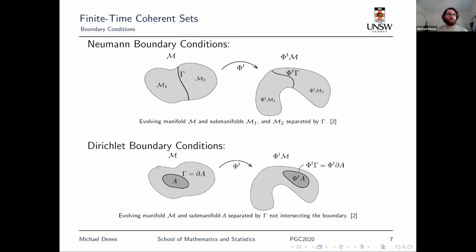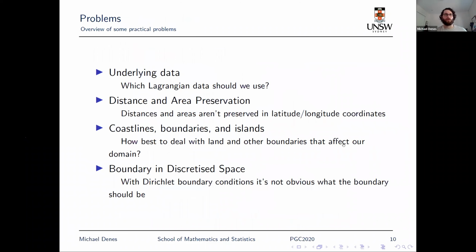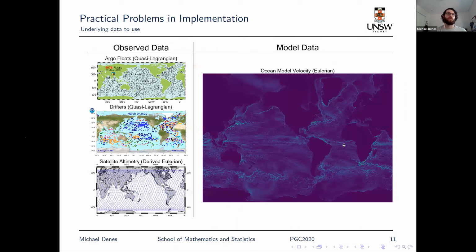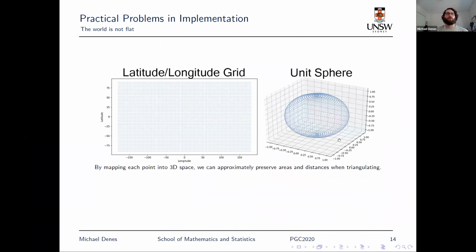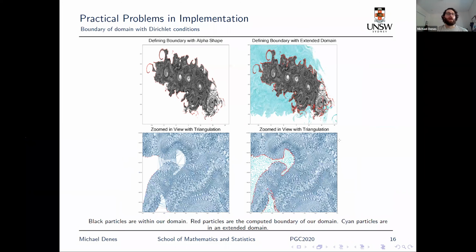And so we need to make sure that the curve that we're trying to find doesn't intersect the boundary of that region. But when we have a finite amount of data, we don't have the full continuous field. It's really hard to determine what is the boundary of our domain.